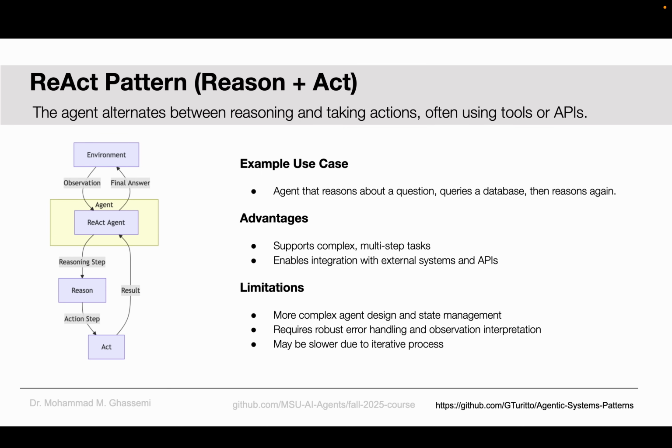Okay, another one of these patterns is the ReAct pattern. And this is really a combination of two of the patterns we've seen previously. In fact, even the previous one was just an extension of the tool calling pattern that we saw, which is why I didn't take you through a specific example. In the case of the ReAct pattern, the agent is alternating between taking reasoning steps and taking actions, often using tools or APIs. So you already saw chain of thought, that's the reasoning.